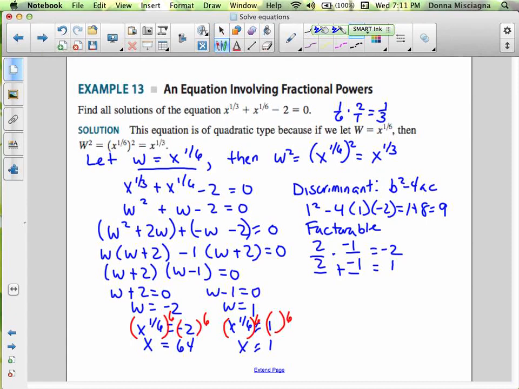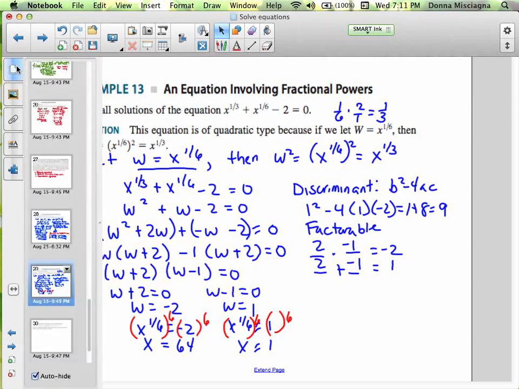So we should probably check to make sure that these would work out. We'll plug in the values and see what happens.